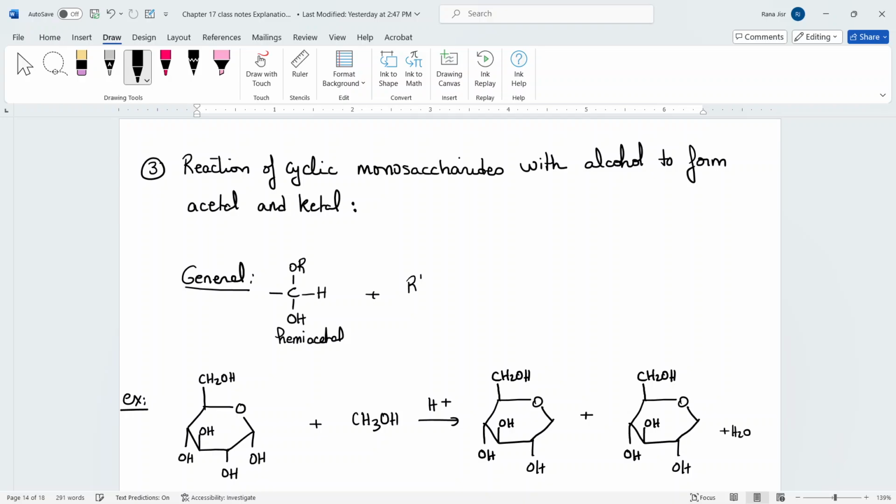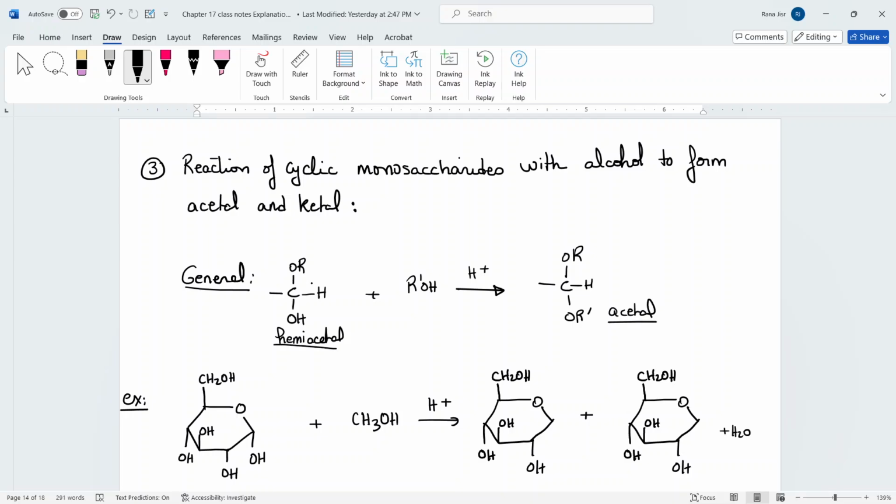And you react that with an alcohol in the presence of an acid, then the OH is going to change into an OR prime, and you are going to form an acetal.